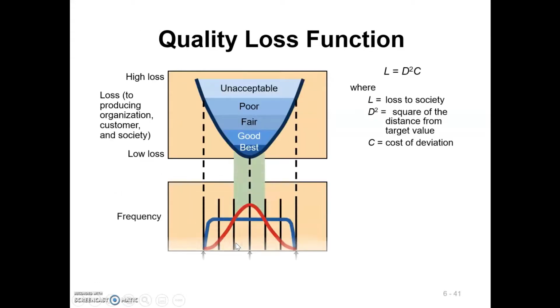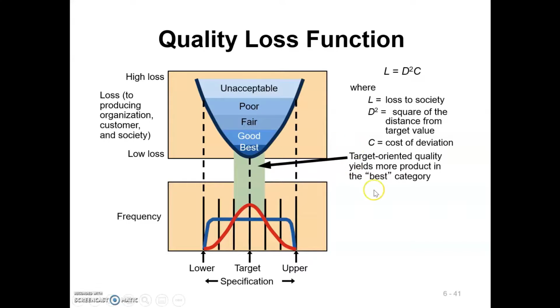The example of quality loss function is explained here, where if you are on target, in terms of target-oriented quality, this part is the best category of product. Target-oriented quality brings product towards the target value, as you can see down here.